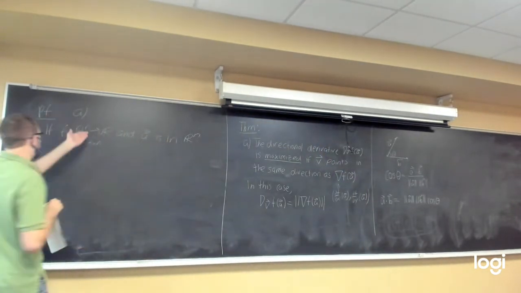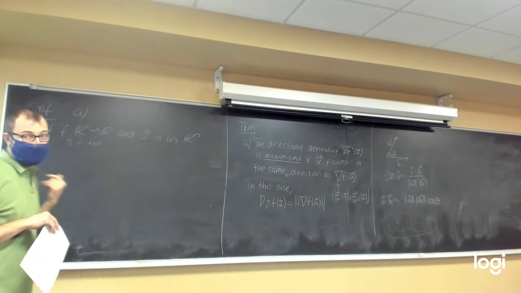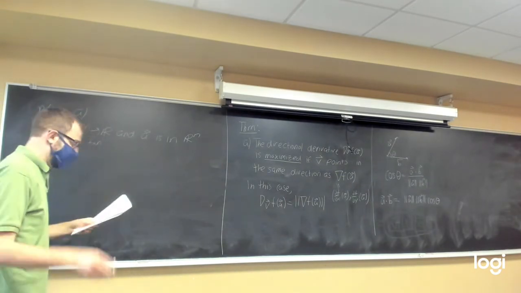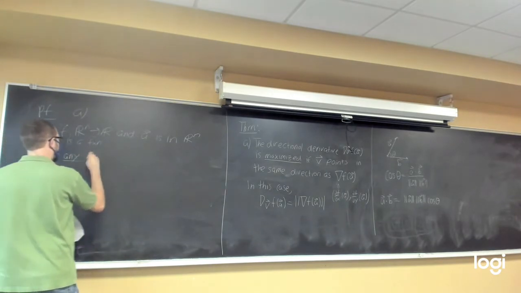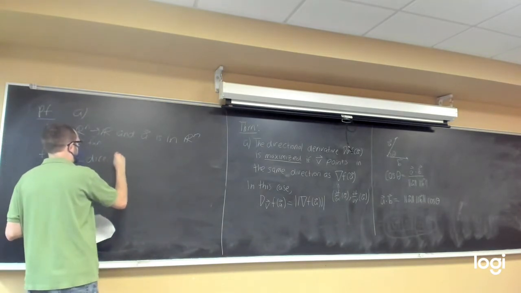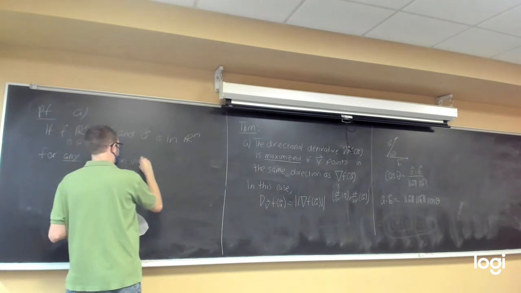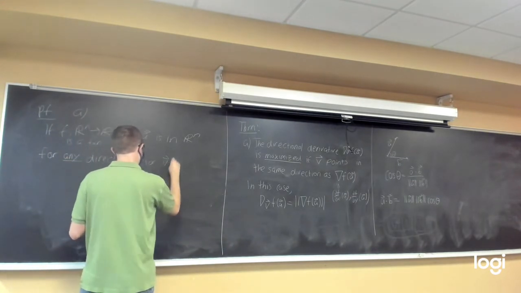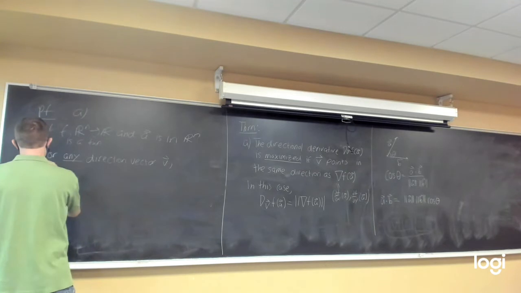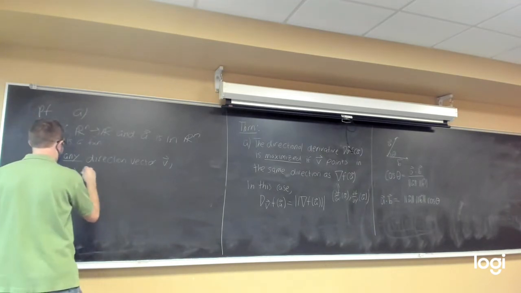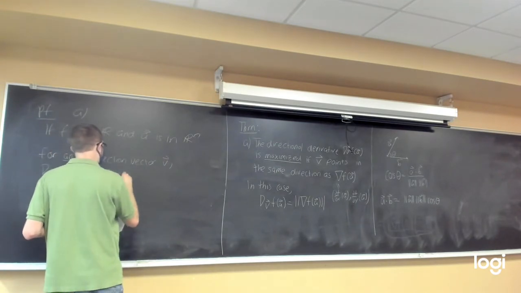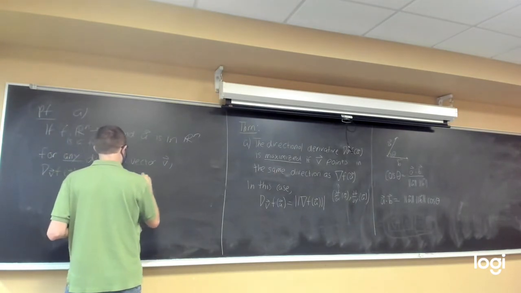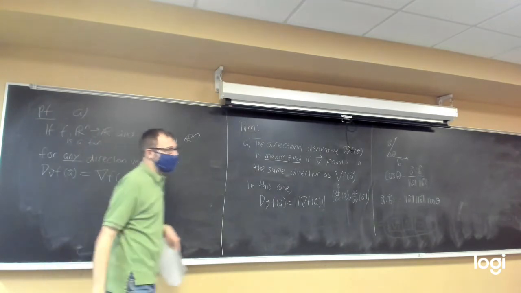Well, if we have a function f going from Rn to R, and A being our point in Rn, we know that for any direction vector v, the directional derivative of f evaluated at A is going to be equal to the gradient of f evaluated at A dotted with v.